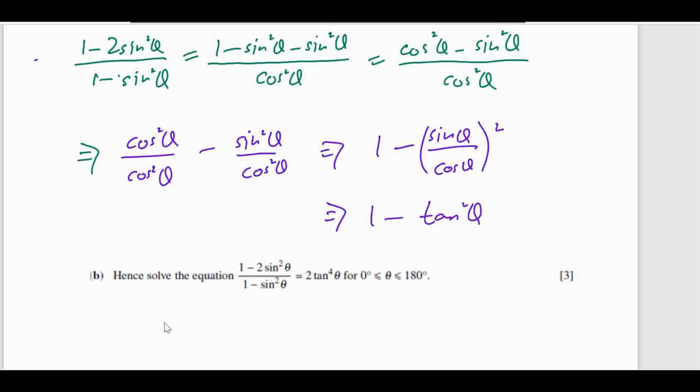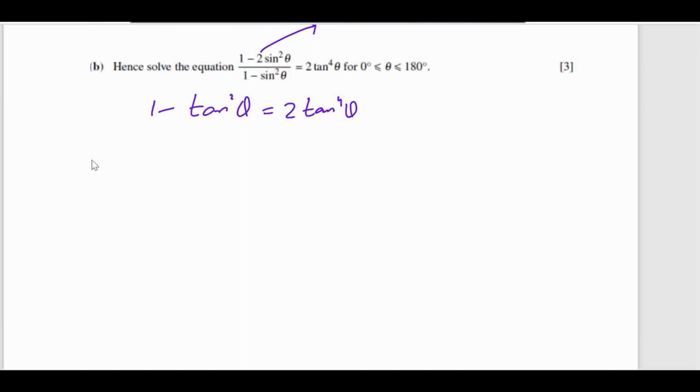Hence solve the equation, this. We know that this whole portion is equal to this thing. So we can write this one as 1 minus tan square theta equals 2 tan of 4 theta. Now if we simplify it, this will be 2 tan of 4 theta plus tan square theta minus 1 equals 0.